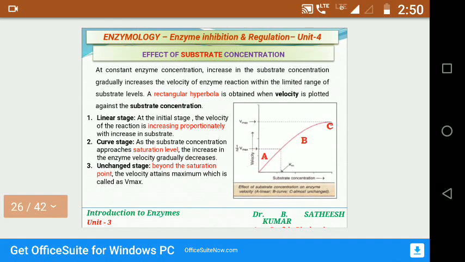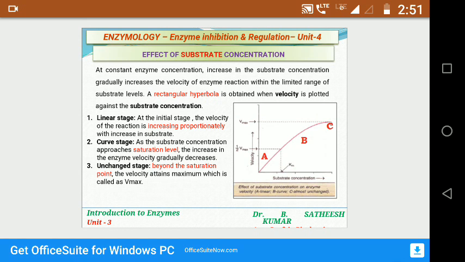Keeping the enzyme concentration constant, we gradually increase the substrate concentration, and then we get a hyperbola like curve with three regions: first the linear stage, second the curve stage, and third the unchanged stage.